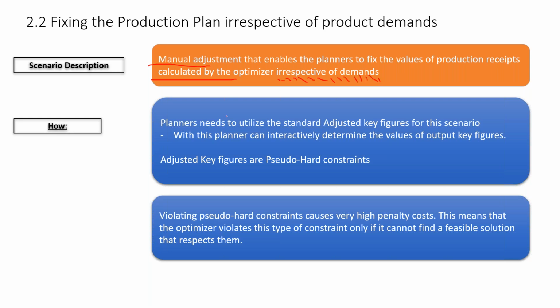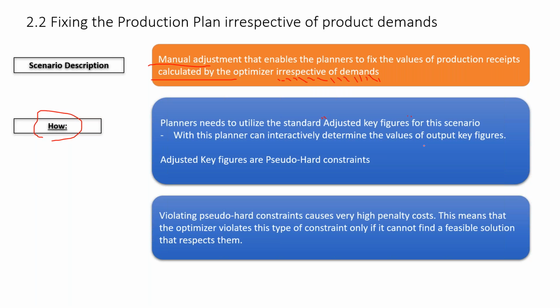Okay. And how? Come to the how part. Planners need to utilize the standard adjusted key figures for this scenario. The key figure set is called adjusted key figures. There's another set called minimum key figures, minimum production receipts, minimum transport receipts, etc. There's another set called maximum key figures, maximum production receipts, maximum transport receipts, etc. And they all are inputs.